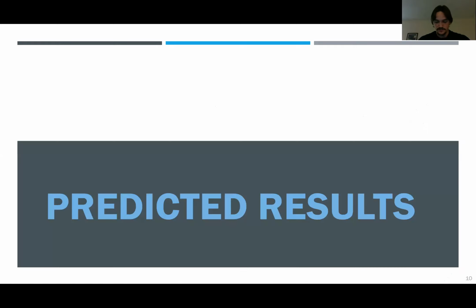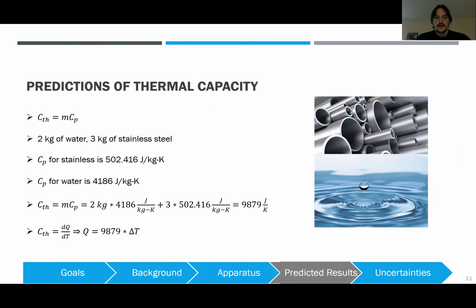Okay, and some predicted results, including thermal capacity and temperature rise of the water. Starting off with the thermal capacity of the stainless steel and the water combined. Thermal capacity is equal to mass times specific heat at constant volume. That's actually supposed to be C_V, although I don't think it matters for fluids and solids, if I remember correctly.